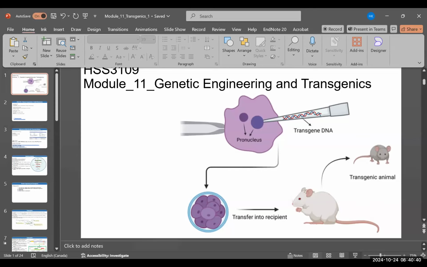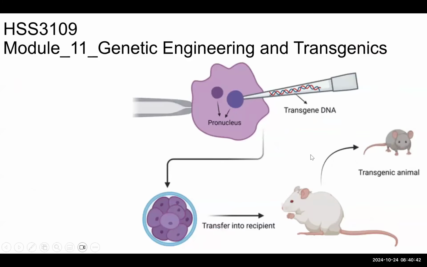Okay. So in order to get to the level where you can easily understand how you can make a transgenic animal, first thing you need to know is how to make the transgene. So what are the parameters that we need to take into consideration when we are generating a transgene?